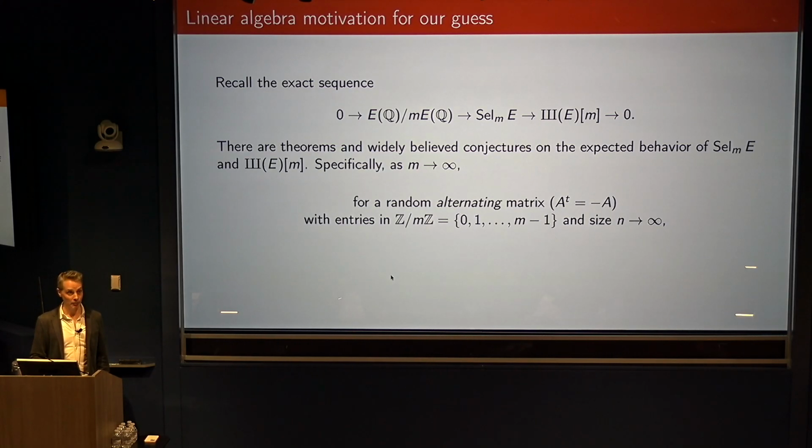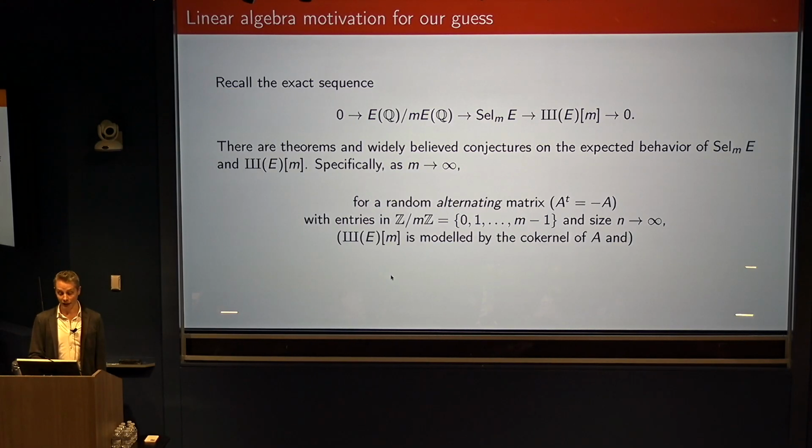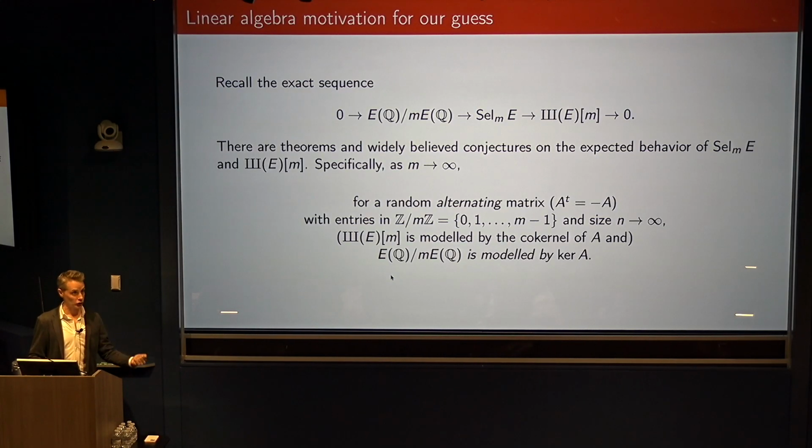The size of the matrix N goes to infinity as well. You have to be a little careful about what's going to what with some order, but I'm just giving you the idea. The Tate-Shafarevich group is modeled by the cokernel of this random matrix with entries in Z mod M, but with growing size. And E mod M, which is the proxy of the rank, is modeled by the kernel of this matrix.